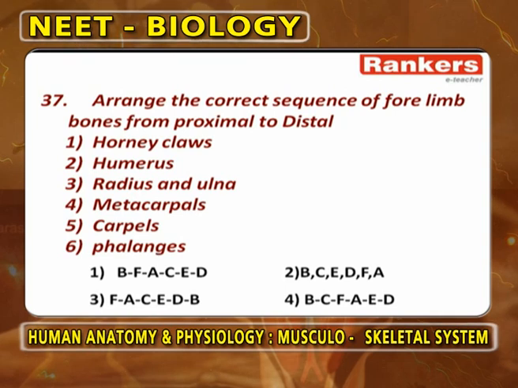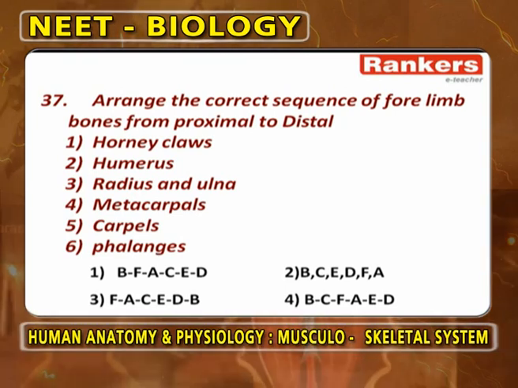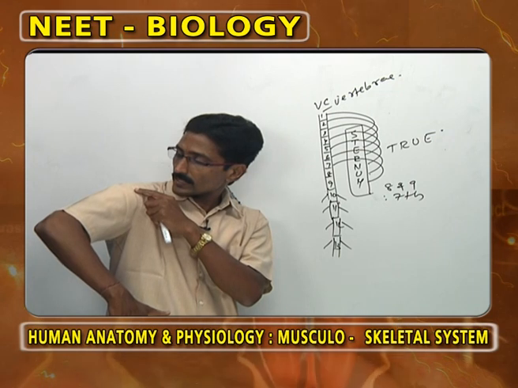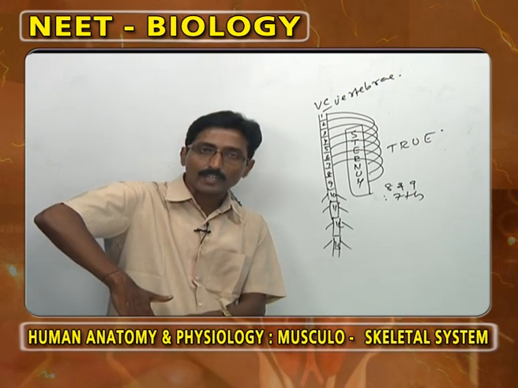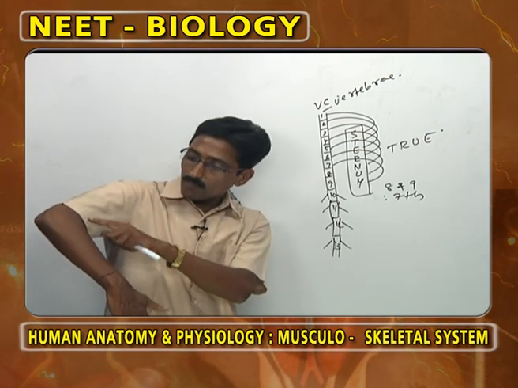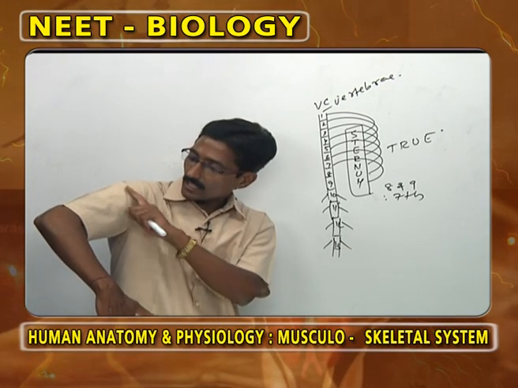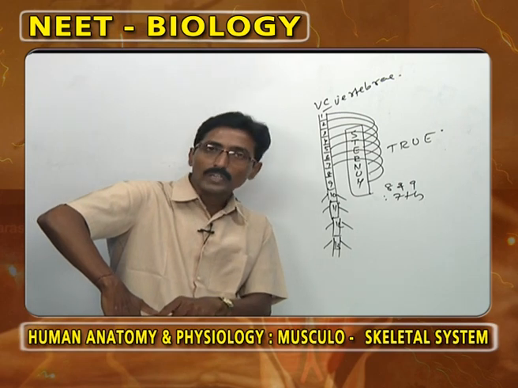Arrange the correct sequence of forelimb bones from proximal to distal. Now this is the forelimb. This is the proximal part and distal part. Arrange the bones of forelimb from proximal to distal.